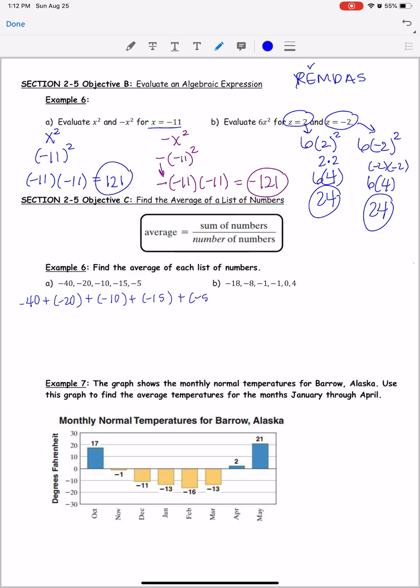Okay, so now that I've added these, we've got negative 90 on the top. That is my sum of the numbers. We added these all up to get that negative 90.